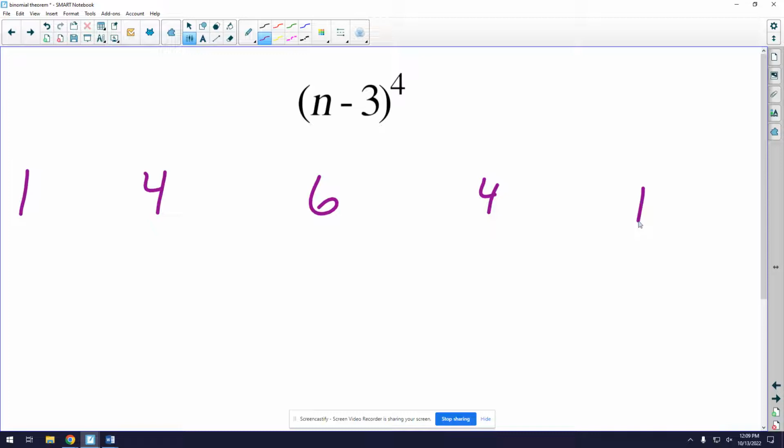Our first term is n. So n to the 4th, work your way down until the last one shouldn't have any n's.